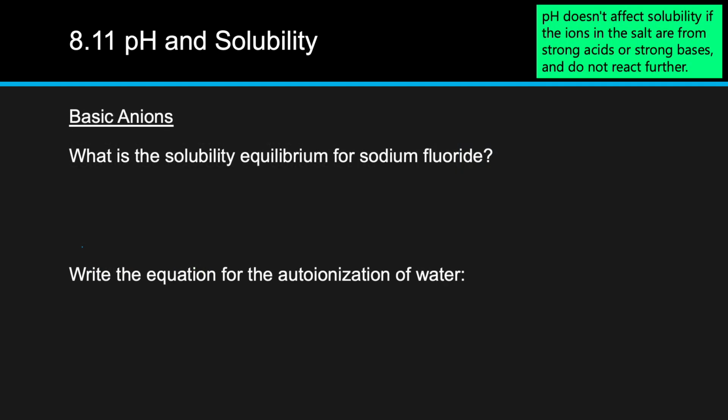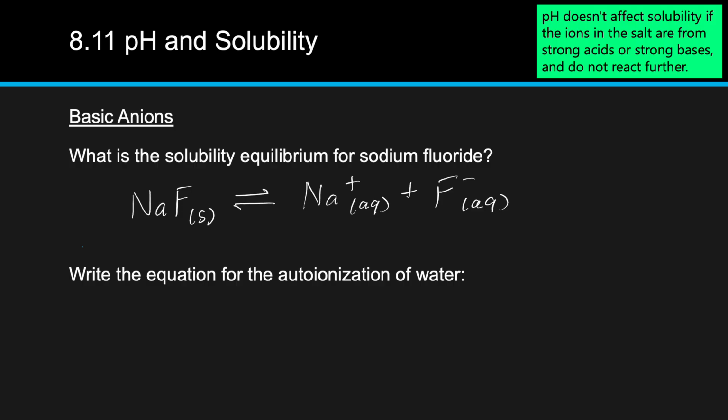All right, so let's look at the solubility of sodium fluoride. If we are writing out the equation for the dissolution of sodium fluoride, we have the solid salt, and it would dissolve into Na plus ions and F minus ions.